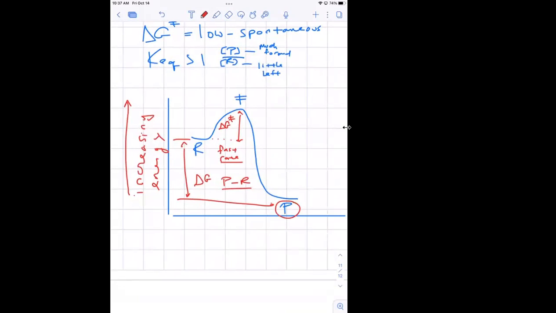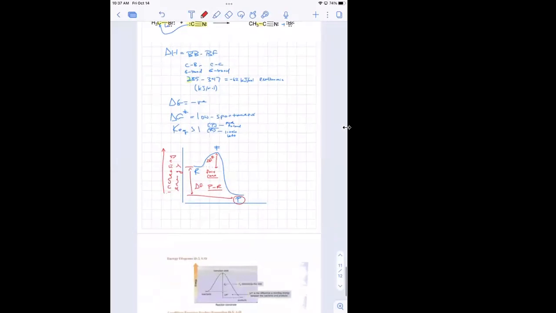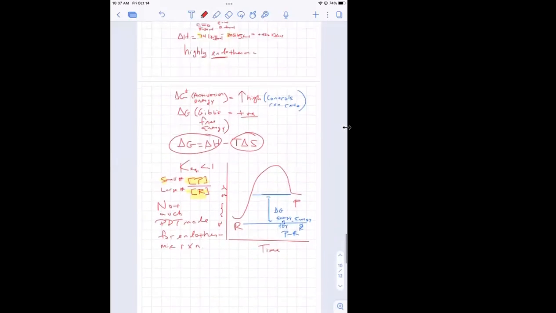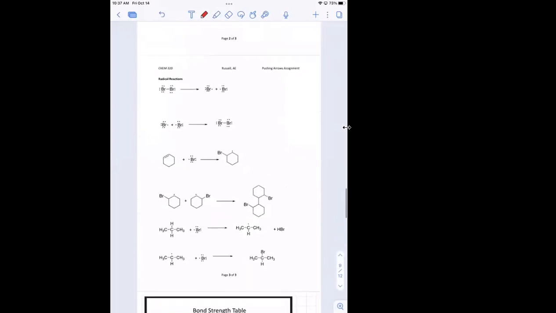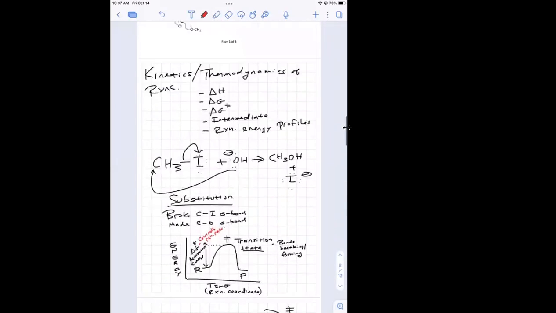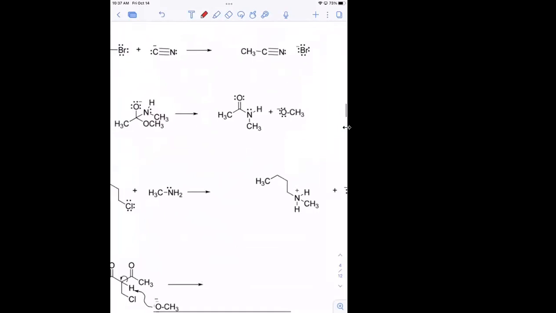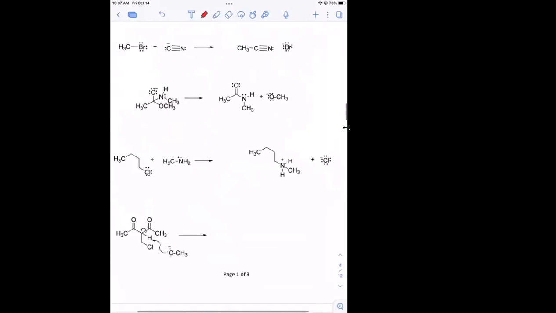All right. Questions? Any questions about anything? All right. Let's do another one. We won't do the energy diagram. We'll calculate everything else. All right, let's do this. In this case, there is no nucleophile or electrophile.